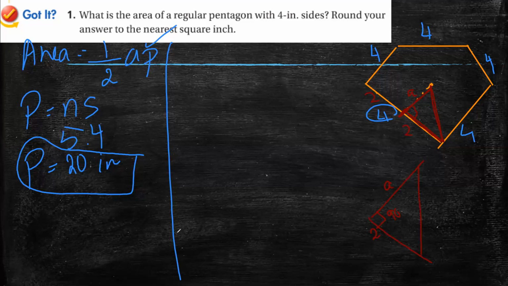And now, as I told you, if you want to find an unknown element in a right triangle, there are two things that help: the Pythagorean theorem or the trigonometric functions. Both the Pythagorean theorem and the trigonometric functions work only in a right triangle. So every time you see a right triangle, two things can help you: the Pythagorean and the trigonometric. Here now, since I know only one side, I cannot use the Pythagorean theorem.